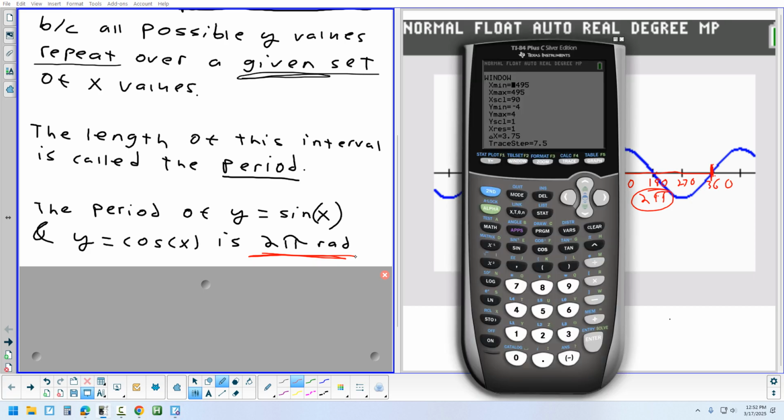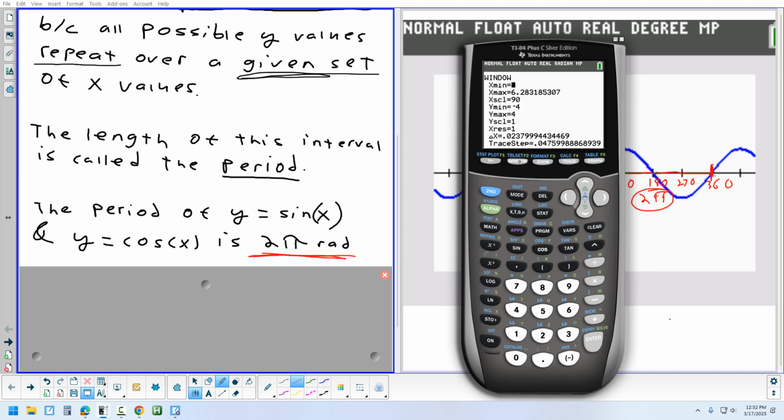So if I go on my window, let's put it in radians, and I set my window to go exactly from a minimum of 0 to a maximum of 2 pi, I will see exactly 1 cycle on the screen. That's exactly 0 to 2 pi.